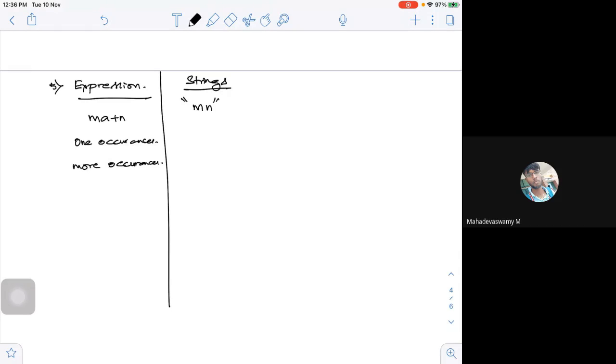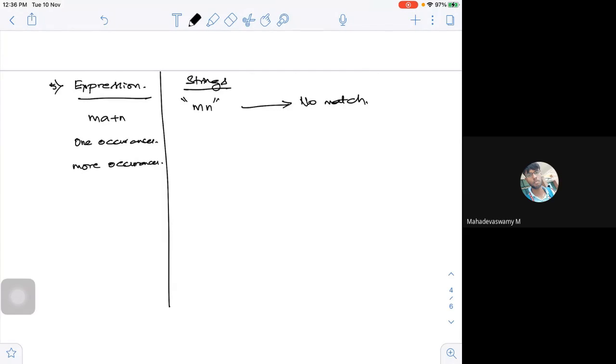When I use star, A may be existing or not. Even if A is not there, I'll be able to match it. But when I put A plus, at least one occurrence of A should be there. So here I have M, I have N, I don't have A. So it is no match. What is the reason? No A character is found.